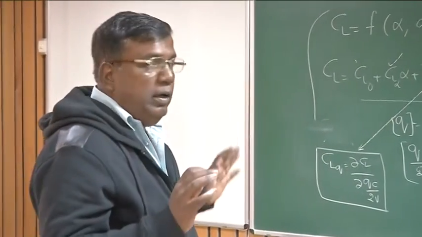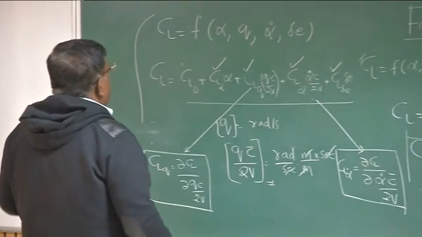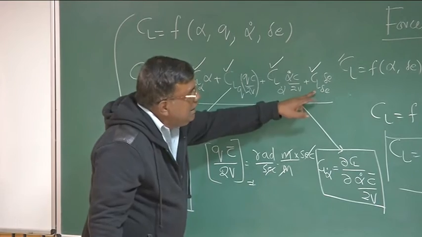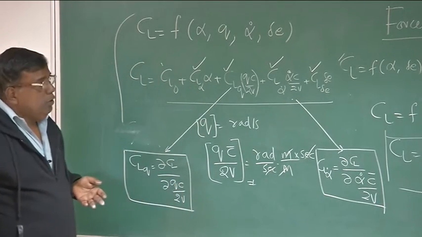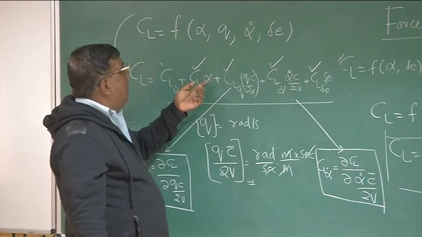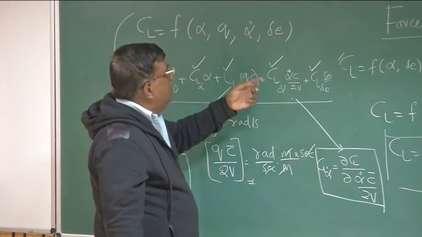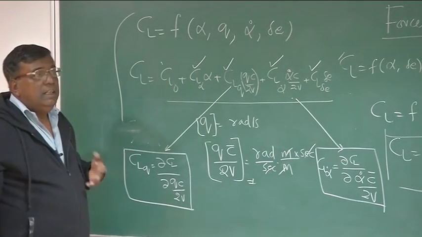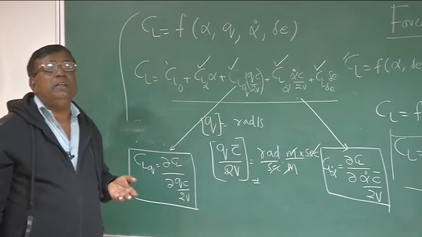That is the beauty of this modeling. I repeat again, if I know the values of CL naught, CL alpha, CLQ, CL alpha dot, and CL delta E, then to get the CL, I need to know the value of alpha, Q, alpha dot, and delta E. Since I know the other things, I know what CL the airplane is experiencing.